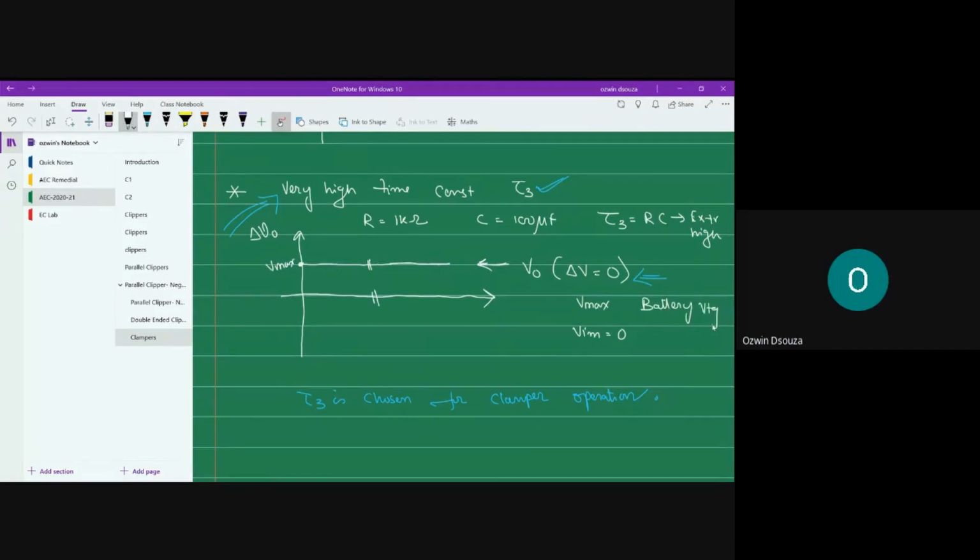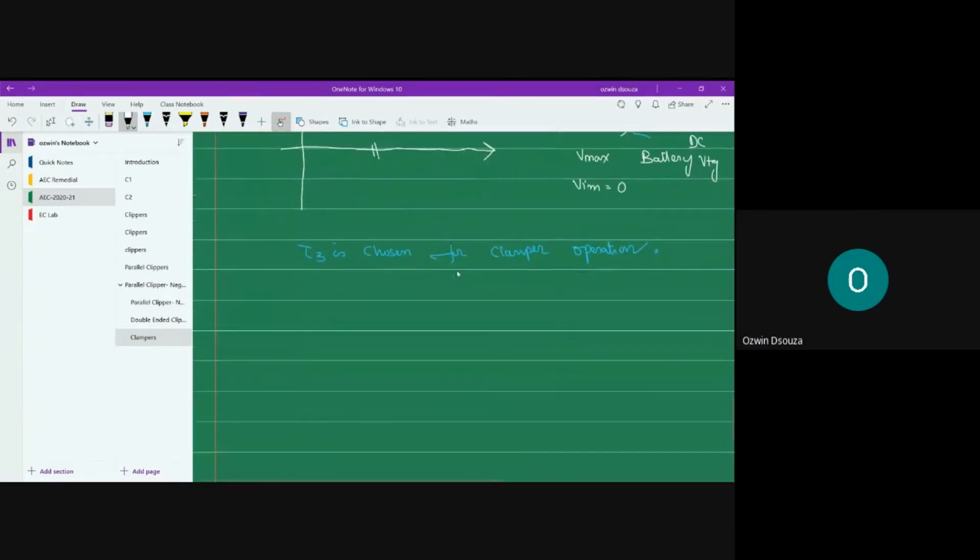battery voltage. The waveform resembles battery voltage in the sense that if you were to take out the waveform of a DC cell, let's say this is your DC cell, positive and negative.